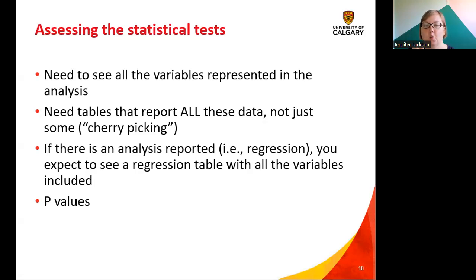Now, where people can get tripped up is they say, oh, this was more significant than that, or because this p-value is higher or lower, that means the impact was higher or lower. That isn't the case. A p-value is a pass-fail measure. It's either statistically significant or it's not.